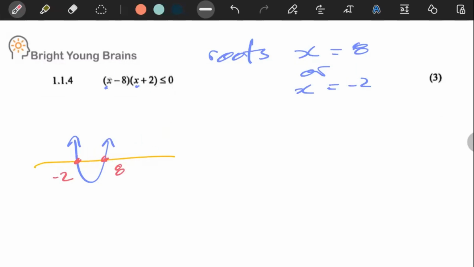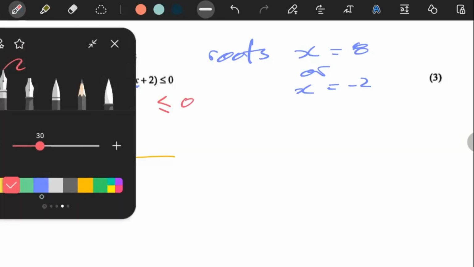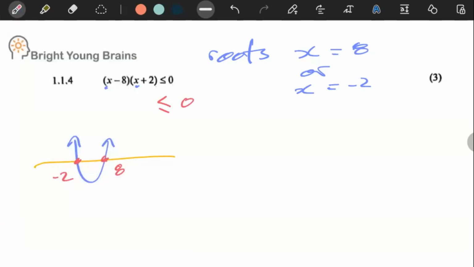They're asking, where is this graph below or equal to 0? It's below or equal to 0 over here, you see. So that's where x is an element of -2 up until +8, where both of them are included because they said where is it smaller or equal to 0.